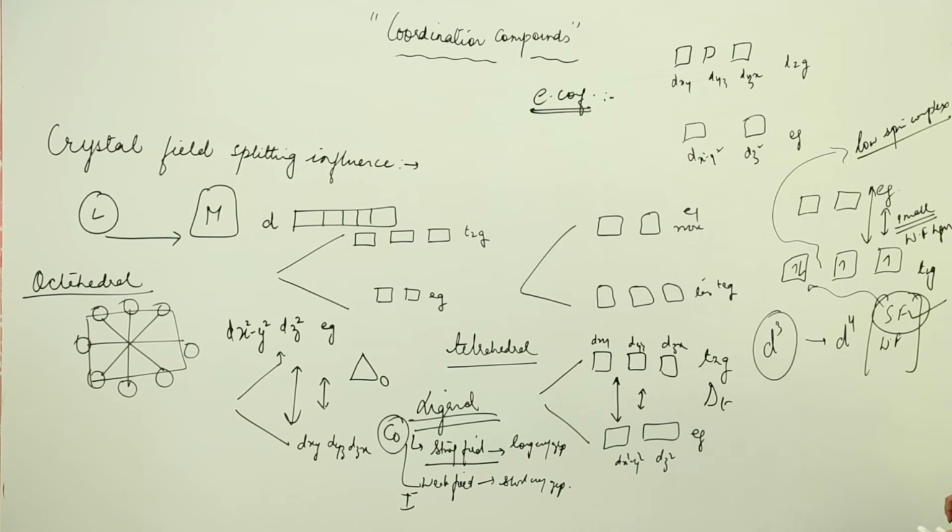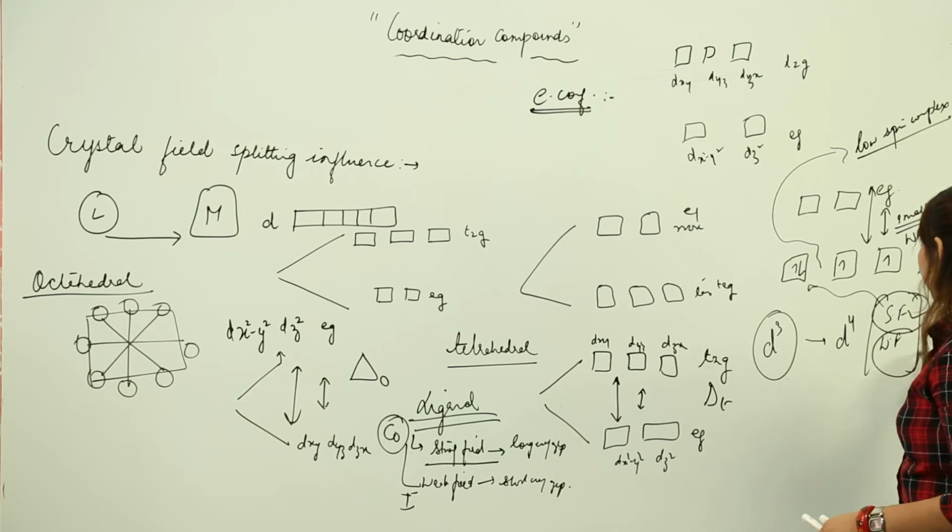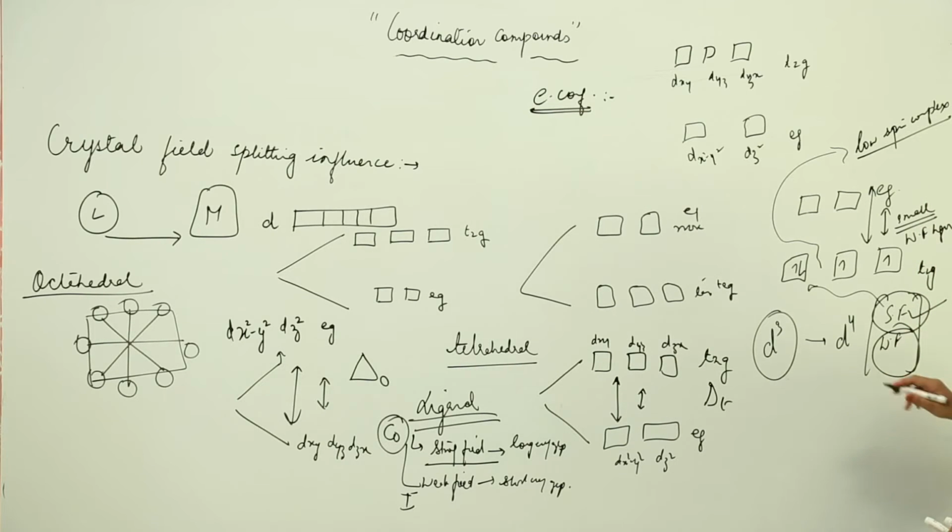But if we have a weak field ligand, then the electron is not going to pair; there will be a small energy difference, so the electron will get excited into the other level. And as you can see, there are a lot of unpaired electrons as compared to the before one, so that is why it will form a high spin complex.